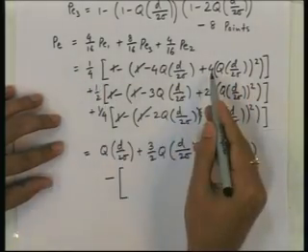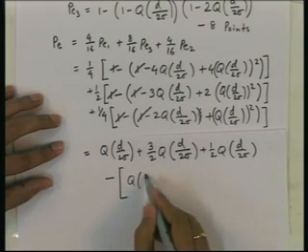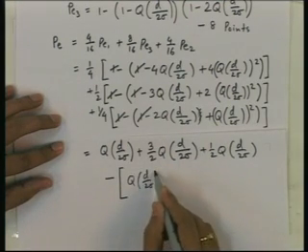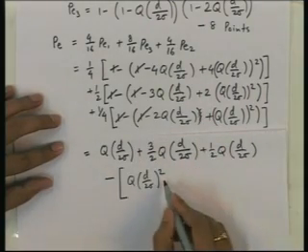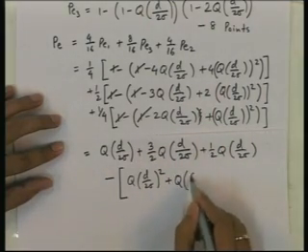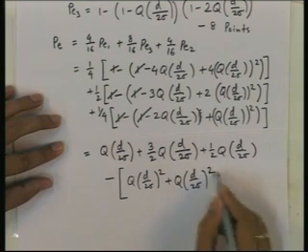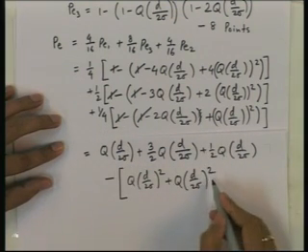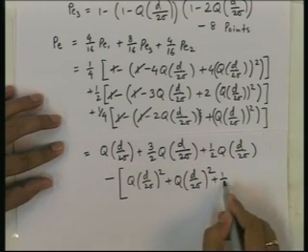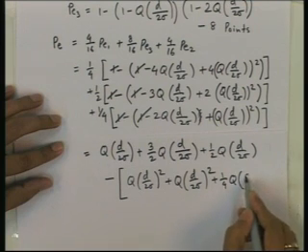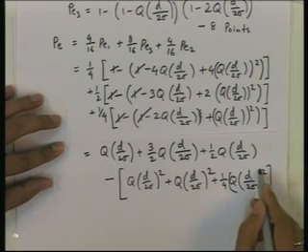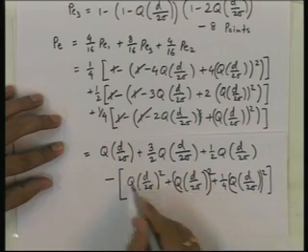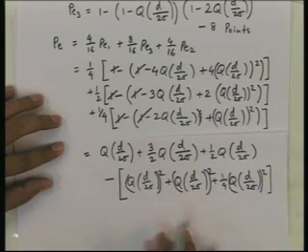So, this is 1/4 times 4, that is Q(d by 2 sigma) whole square, then half times 2, that is again Q(d by 2 sigma) whole square, this is 1/4 Q(d by 2 sigma) whole square. This square is of the whole Q function.